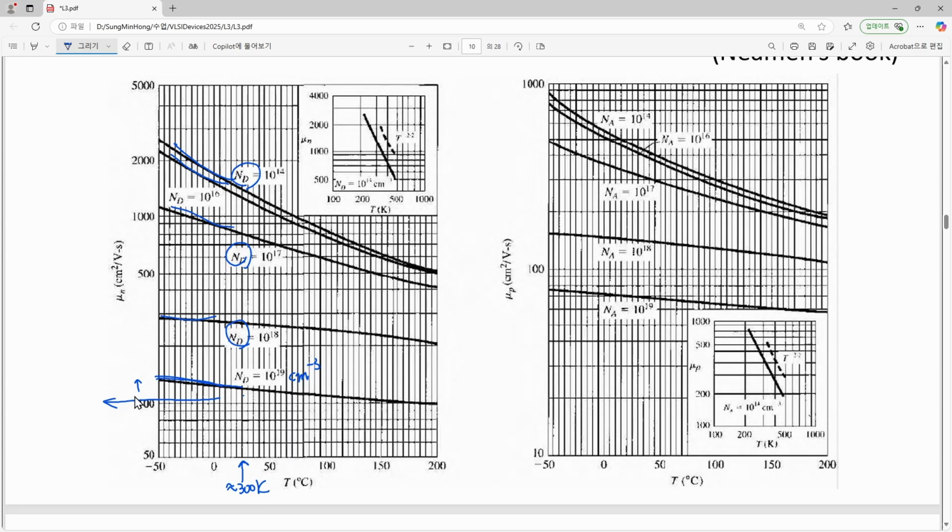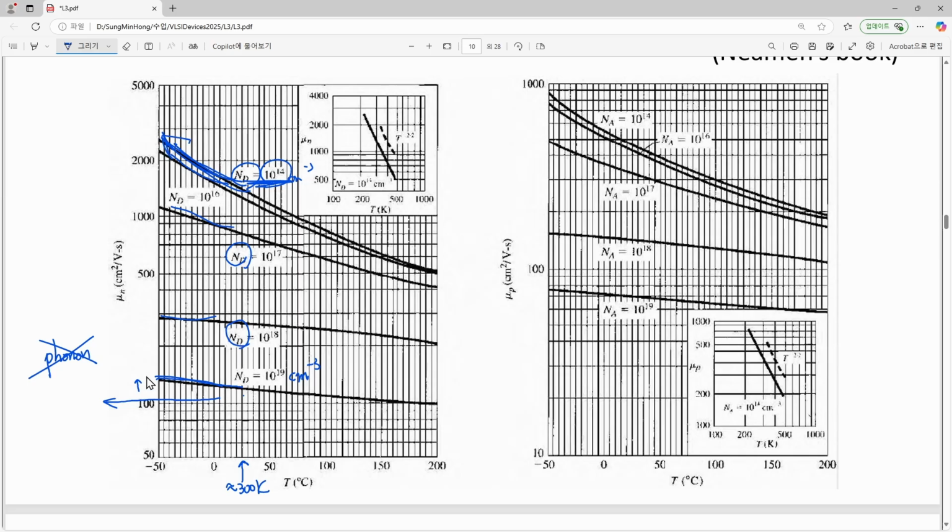It means that the mobility of electrons shown here is not limited by the phonon mechanism, but by another one. When you look at the relatively low one, 10 to the 14 per cubic centimeter, it can be regarded as almost intrinsic. In this case, we have a considerable increase.